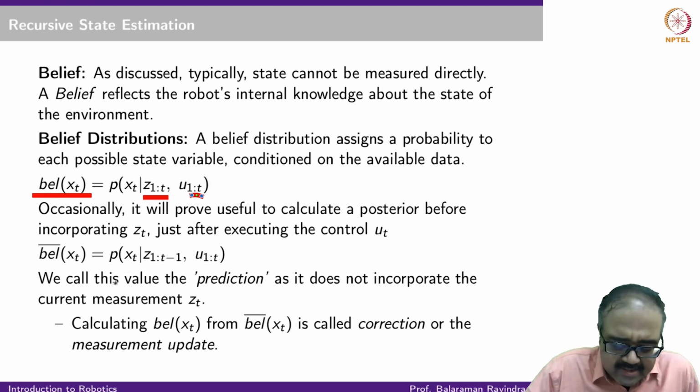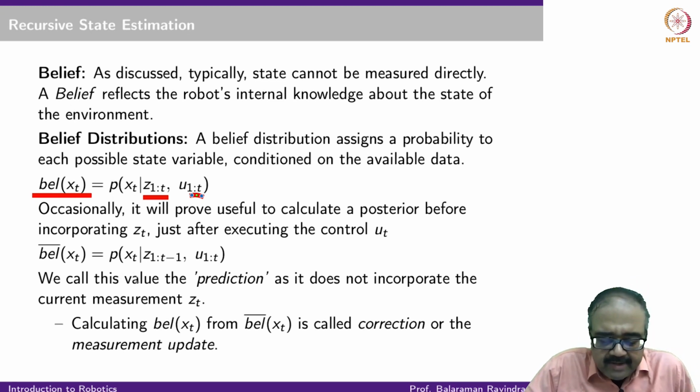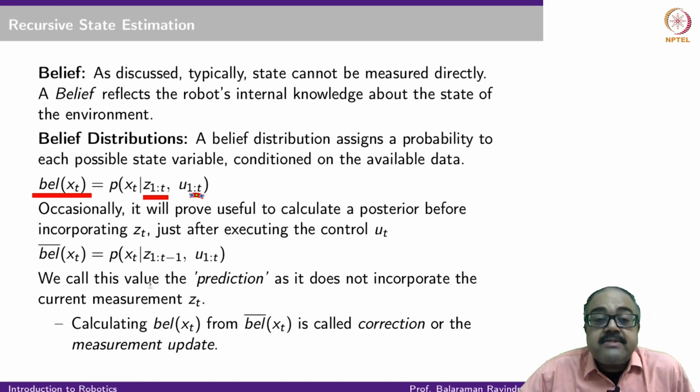So the bel bar xt is essentially the probability of xt given z1 to t minus 1 and u1 to ut. So the difference between bel and bel bar is that bel is conditioned on z1 to t and u1 to t, while bel bar is conditioned on z1 to t minus 1 and u1 to t. I mean, it needs to know the last action that you performed also, okay.